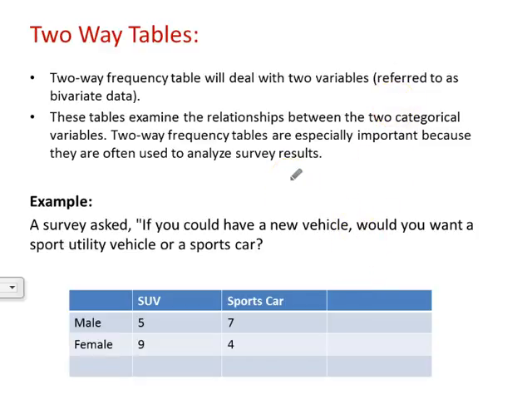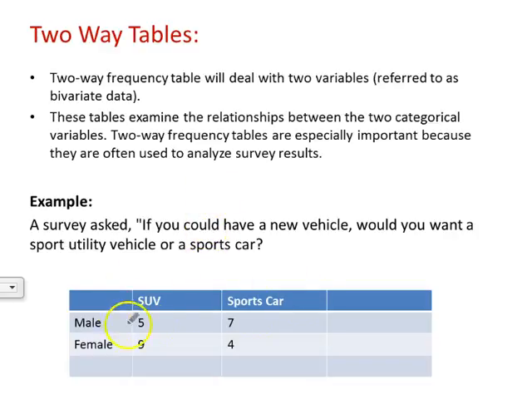A two-way table is a table that deals with two sets of variables. We can refer to those as two categorical variables, so we're comparing two things.